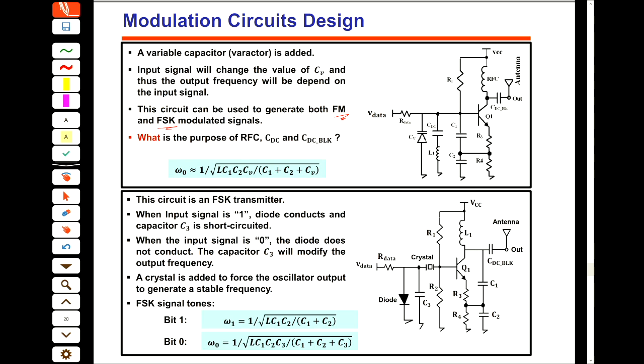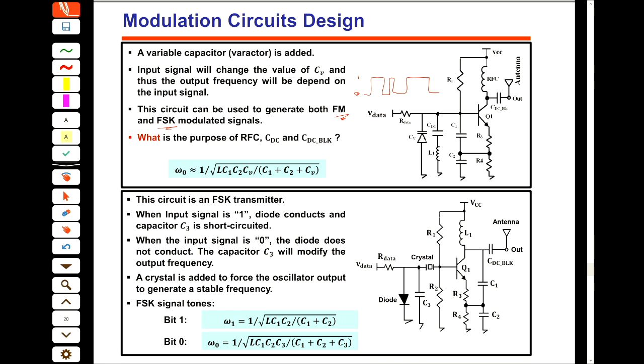How does it work? If you put a voltage here and this voltage is changing, this is your data, digital data, for example like this and then like this, at level 0 and level 1.